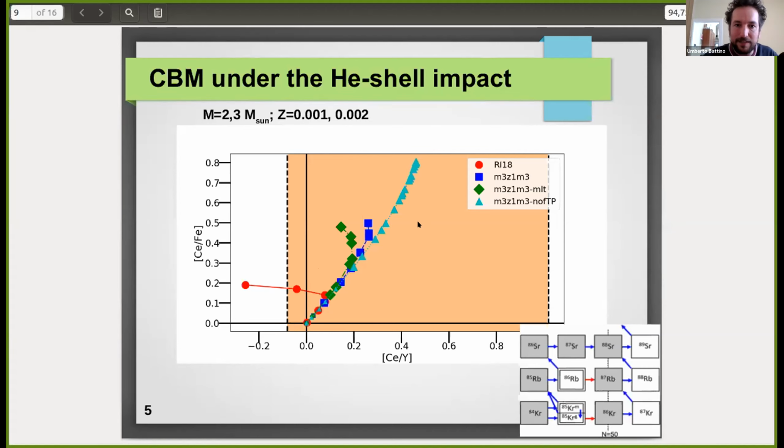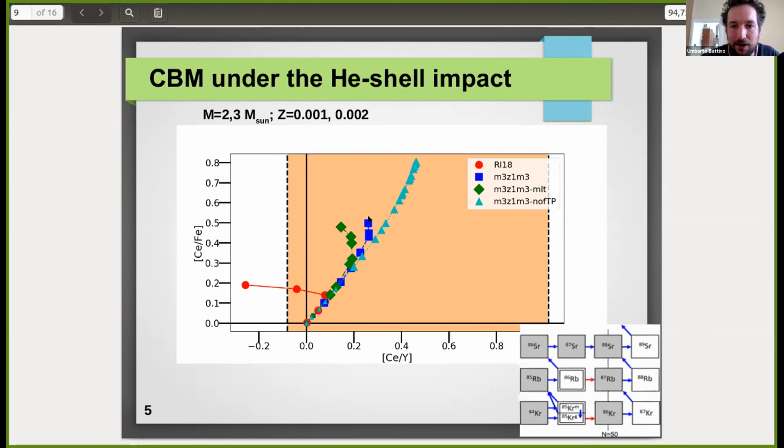The blue one is my model, slightly different, from 2019. The only difference between the blue and the cyan is that the cyan has no convective boundary mixing under the convection of the thermal pulse flash.